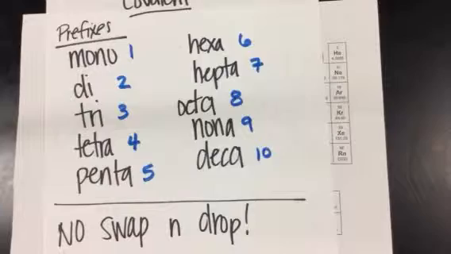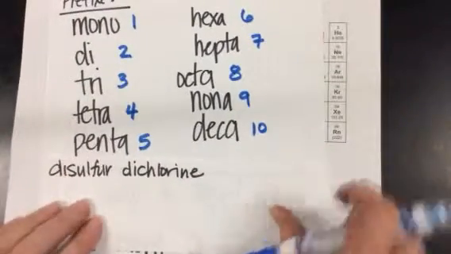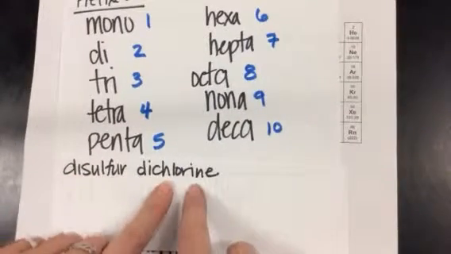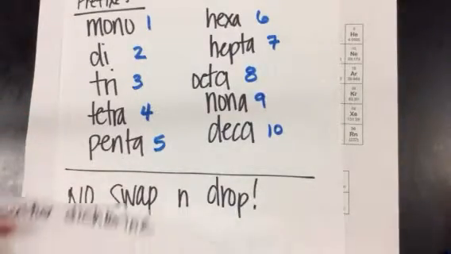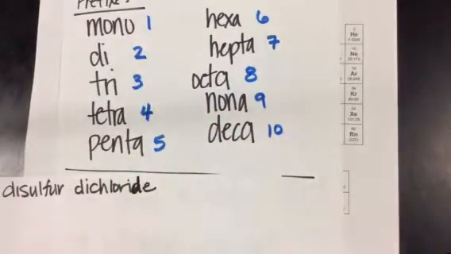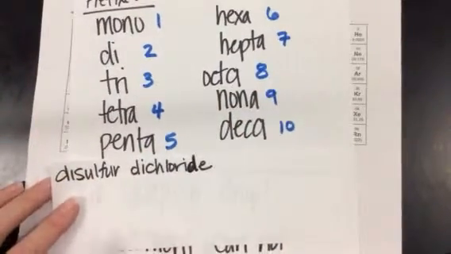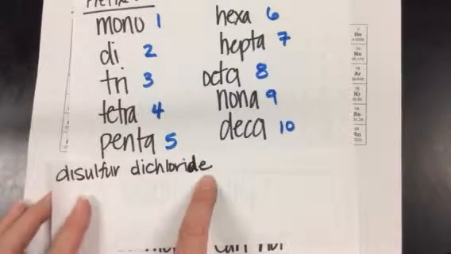The first example that I have is disulfur dichloride. Your first element name is going to stay the same. Your second element name is going to end with IDE. So just like we did before, first element name stays the same, and your second one is going to end with IDE.